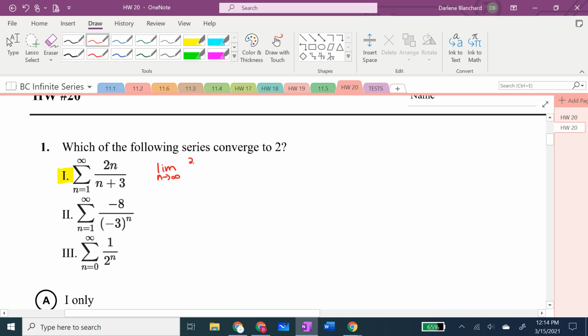Because you look at it and you go, the limit as n approaches infinity is 2. But realize that is for just the term itself. Your final term is heading toward 2. And this actually is a diverging series by the nth term test for divergence.